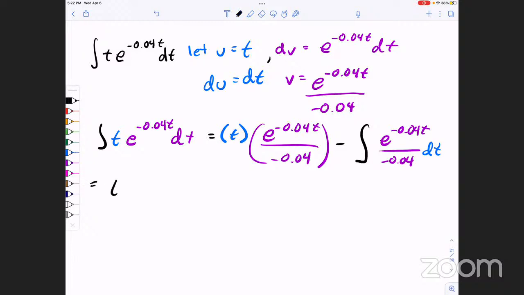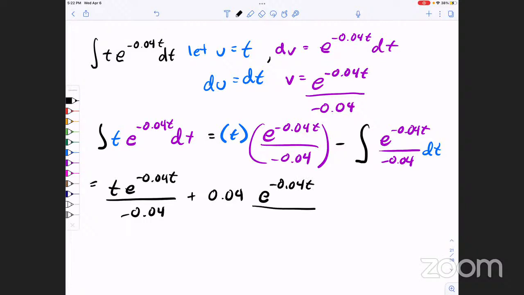We're going to keep this t e to the negative 0.04 t over negative 0.04. Double negative, we can go ahead and put plus 0.04. The integral of e is itself, e to the negative 0.04 t, but then we need to say divided by negative 0.04, right? So basically, these guys cancel. That makes the negative persist.